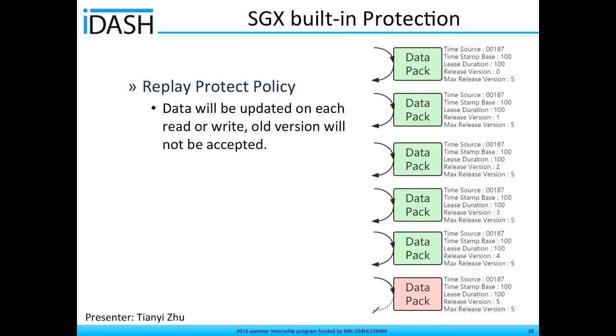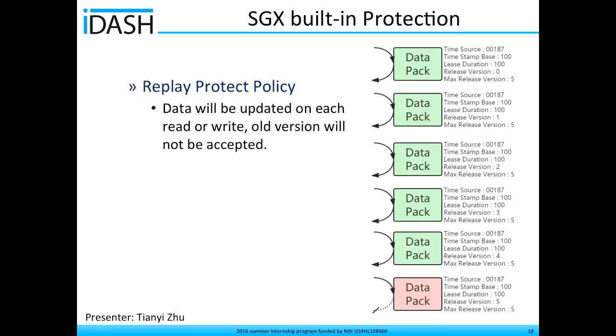If they are not the same number, that means some old data pack has been replaced and the old one was sent to you. Also, this kind of counter will expire after a release version. So these two kinds of policy will protect the data from the replacement attack.